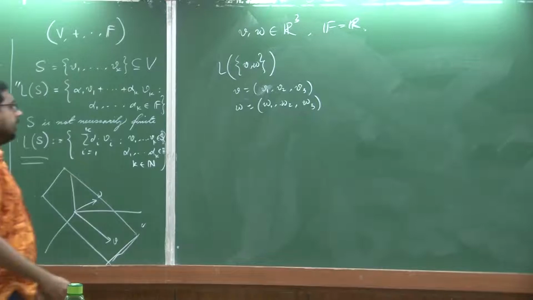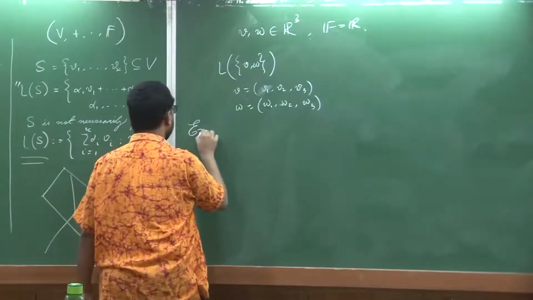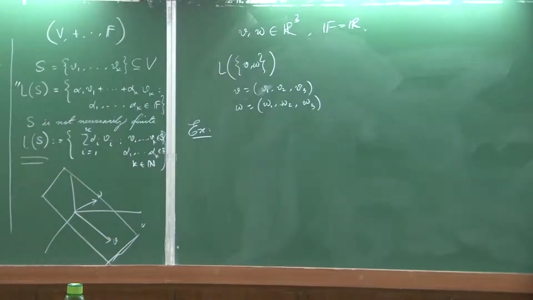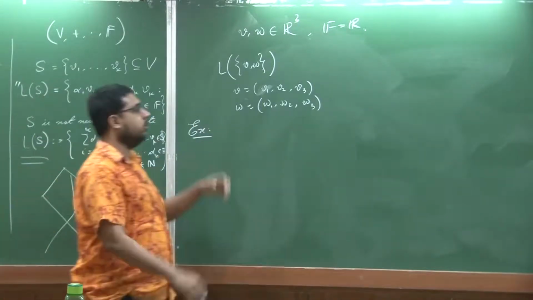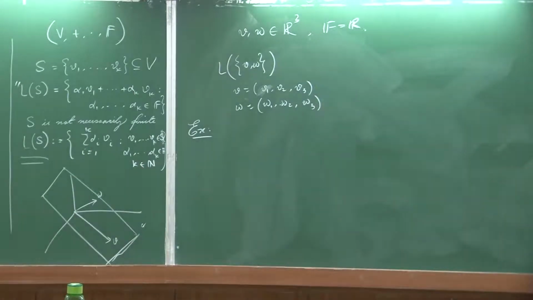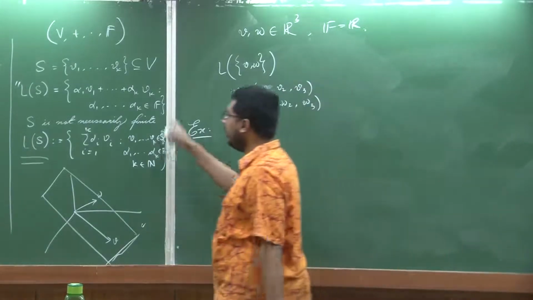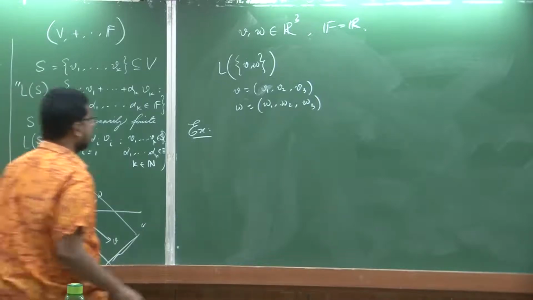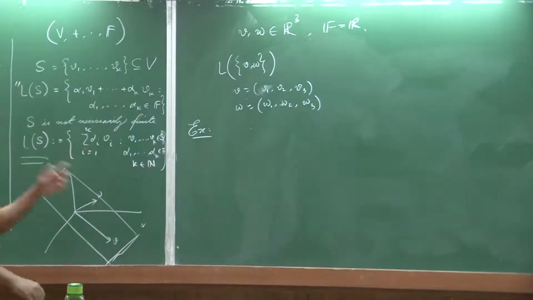So, the exercise is to find a relation involving the Vi's and Wj's that will let you determine whether one is a scalar multiple of the other or not. Okay. Fine. So, I am leaving that as an exercise, this is a simple exercise.